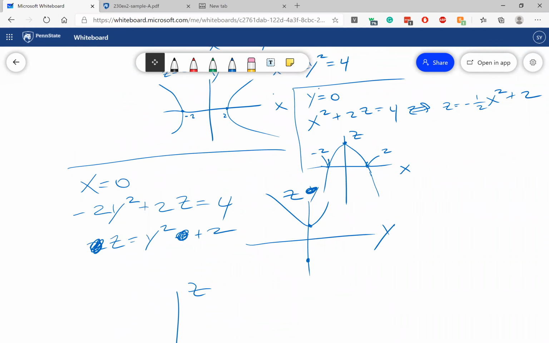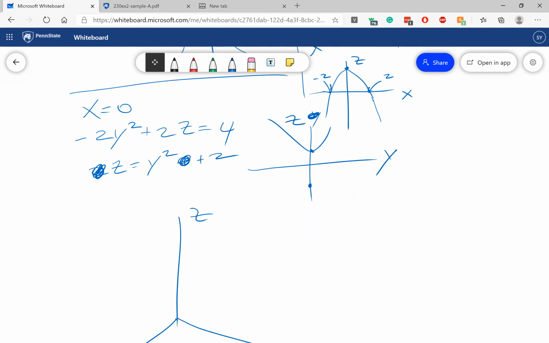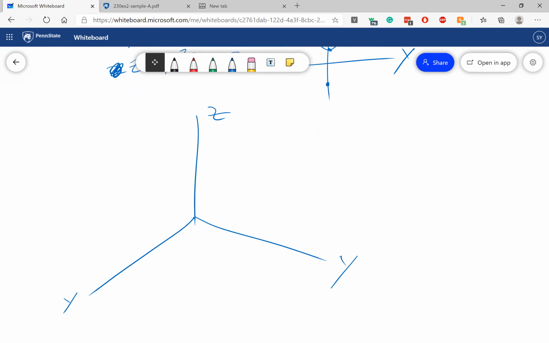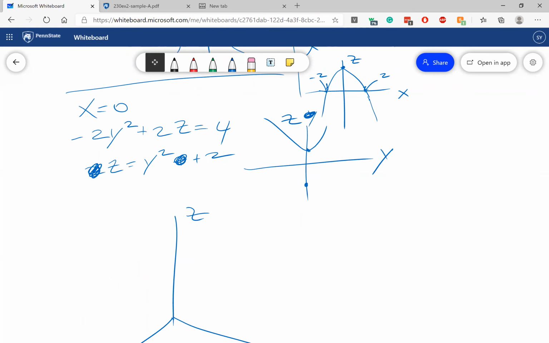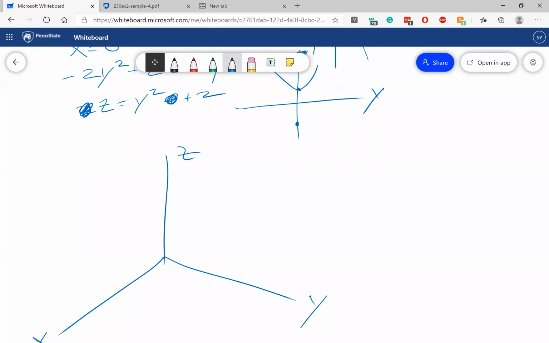So let me see. So if this is z, and that's that. Okay, so we will go in the z direction for both x and y. So in the x direction, we're going to have the parabolas that look like this. So that would mean we would have something like this.